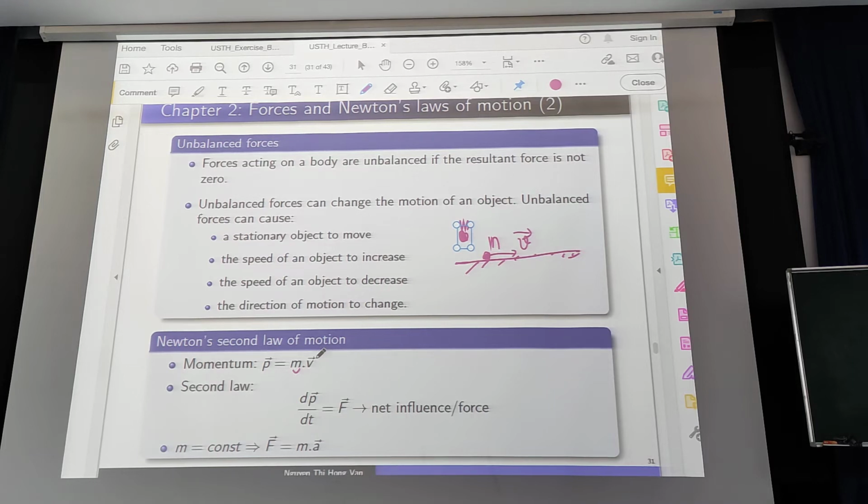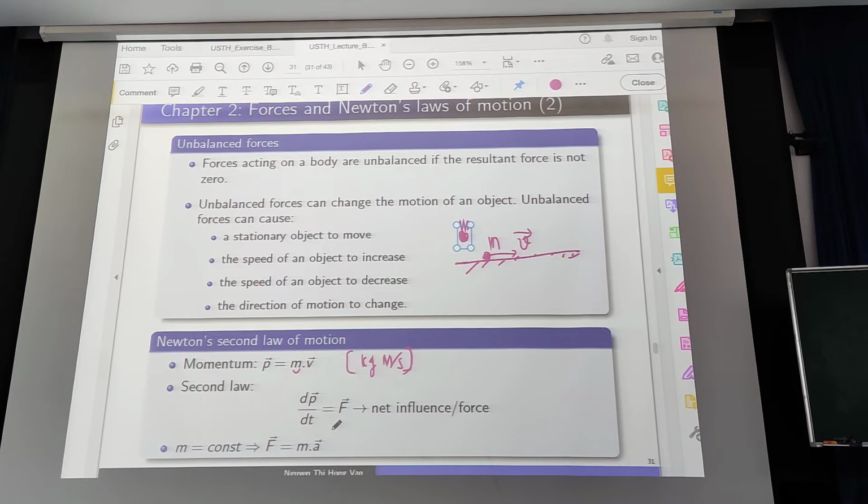Okay? And the magnitude of the momentum is multiplied by the mass. And the dimension is kilogram meter per second. Okay?